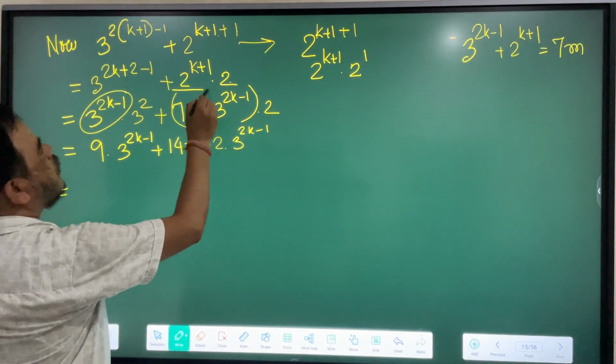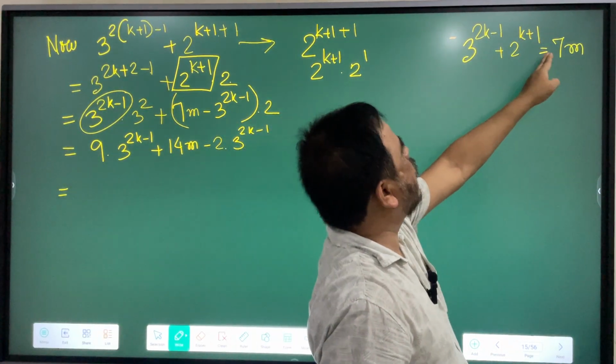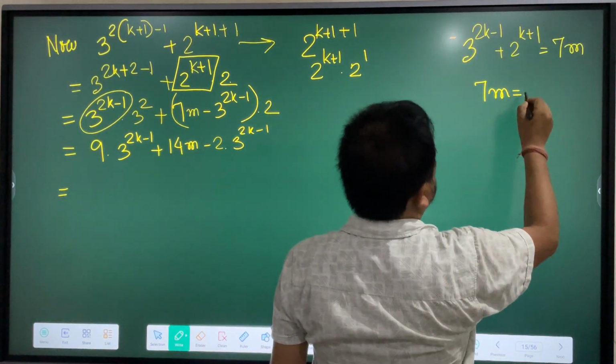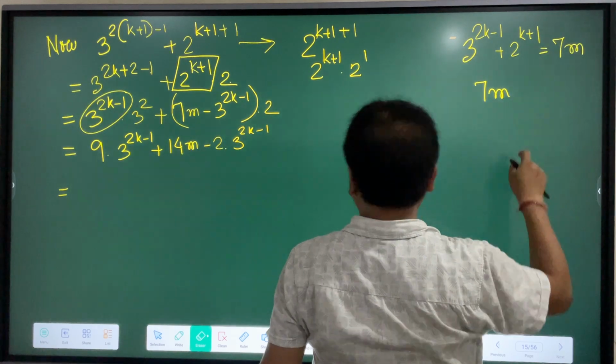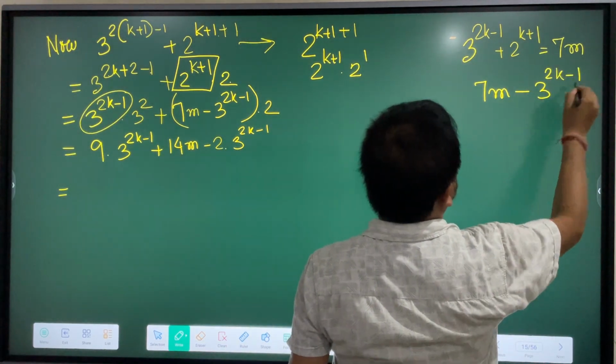In place of 2 to the power k plus 1, it is equal to 7m minus 3 to the power 2k minus 1.